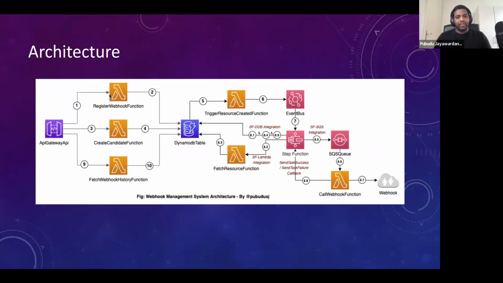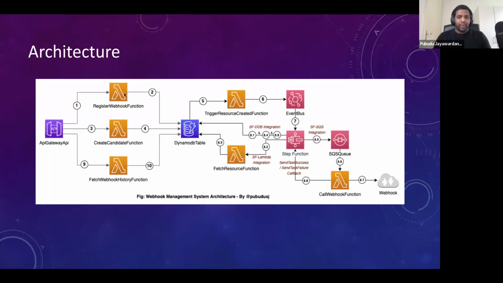And that data will be saved into the DynamoDB table. I forgot to mention that I use DynamoDB single table design, where all the entities are in a single table. And once it's saved into the DynamoDB table, the token will be sent as a response.